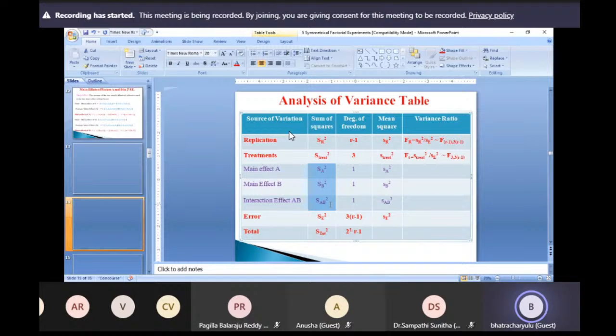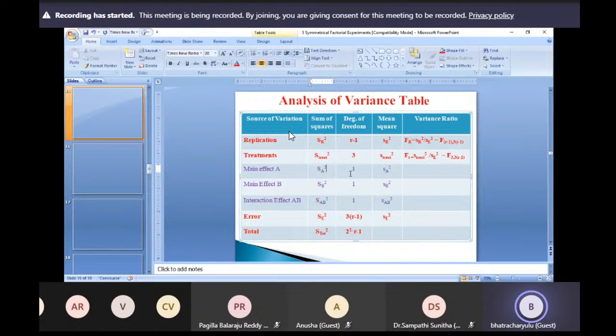Whereas in the ordinary analysis of variance, we are not splitting into the main effects and interaction effect, here we are splitting. Only the treatment sum of squares is split into different parts. So that is the major part.